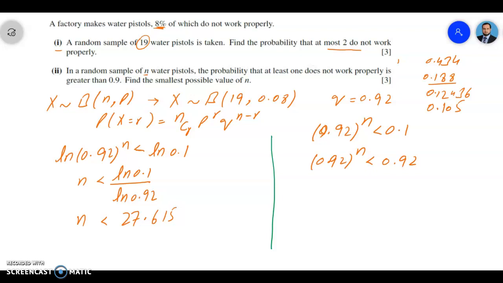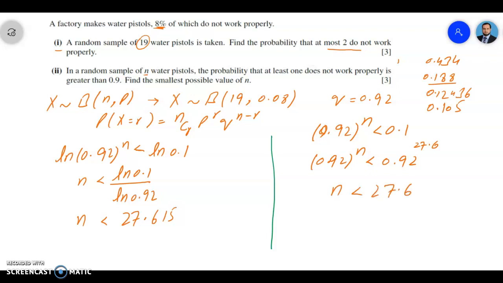So you can try a little more, say 27.6, which gives 0.100. That means 0.92 to the power of 27.6 is equal to 0.1. Now the bases are the same, so we drop the bases and compare the powers: n is less than 27.6.